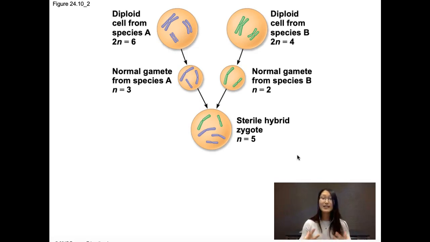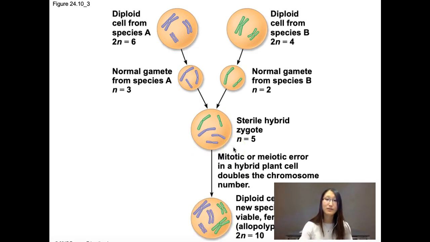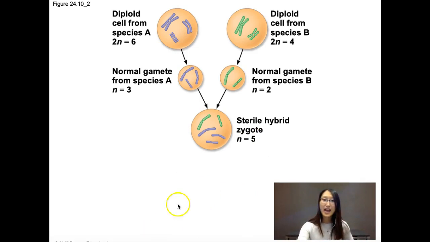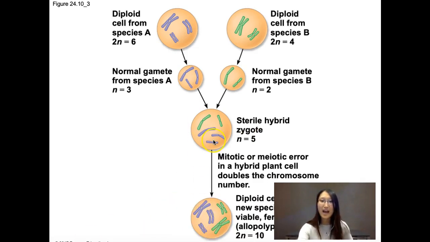So far, this is all normal, right? However, if there is a non-disjunction error causing the chromosome number to double, so instead of having your regular somatic cells as n equals 5, you would have somatic cells as 2n equals 10, this solves the whole problem. Earlier, we didn't have any pairs of chromosomes, but now we do.